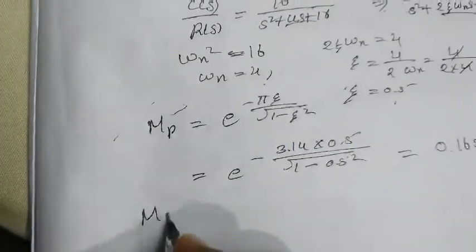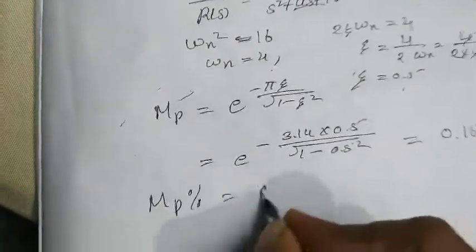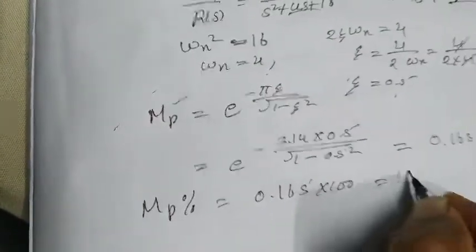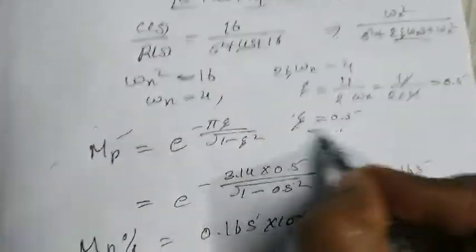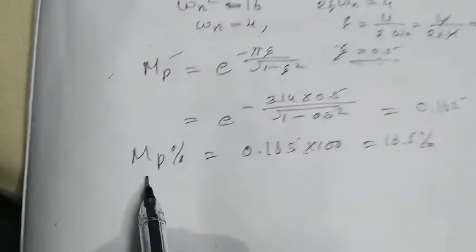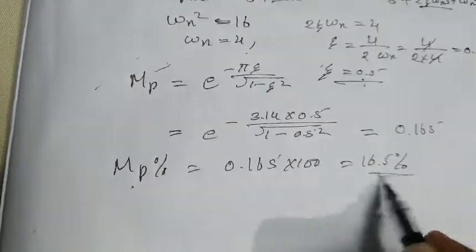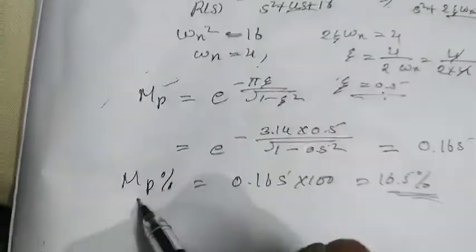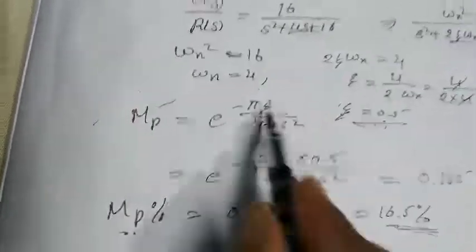So percentage peak overshoot is given by 0.165 into 100, where I'll get 16.5 percent. Please remember, if you got the zeta value 0.5, percentage peak overshoot will always be 16 percent, because peak overshoot depends only on the zeta value.